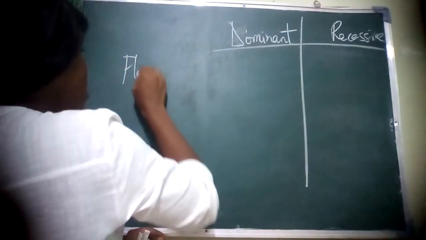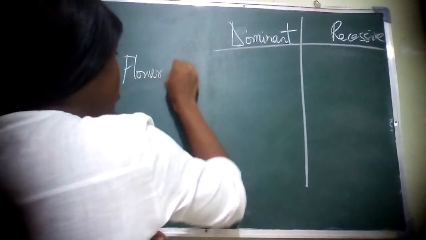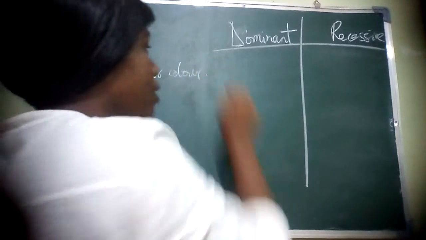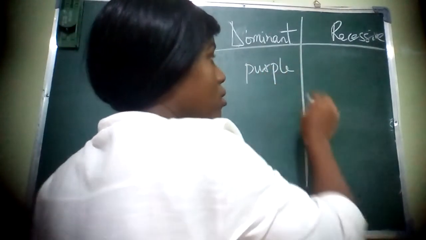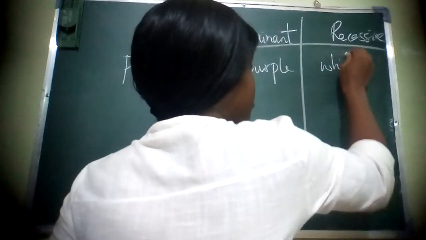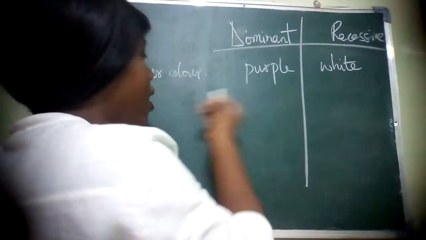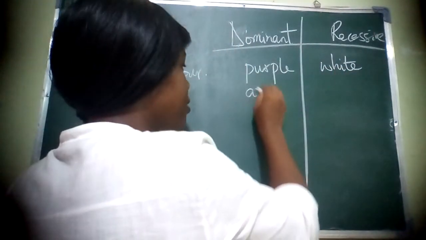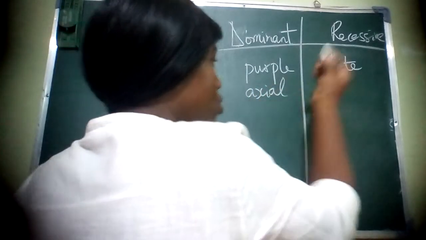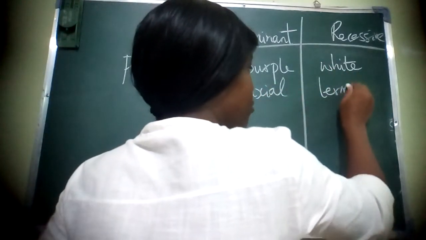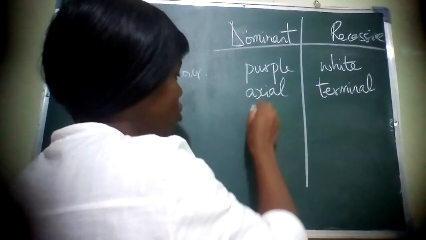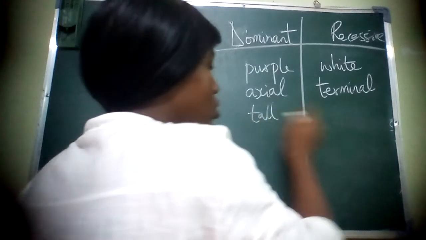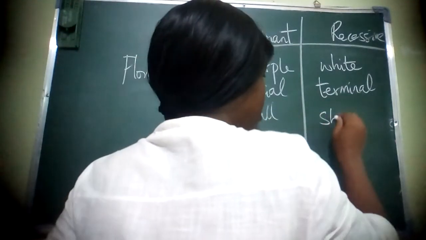For flower color, you notice that purple was dominant over white. For flower position, you notice that axial was dominant over terminal. For stem length, you notice that tall was dominant to short.